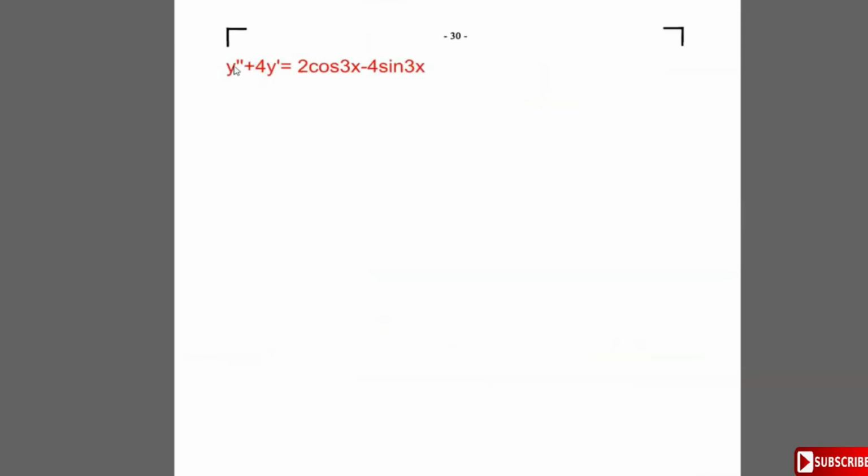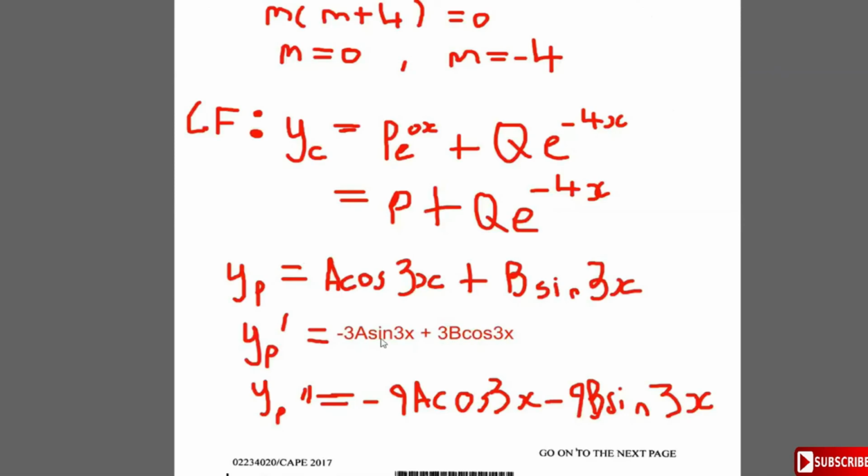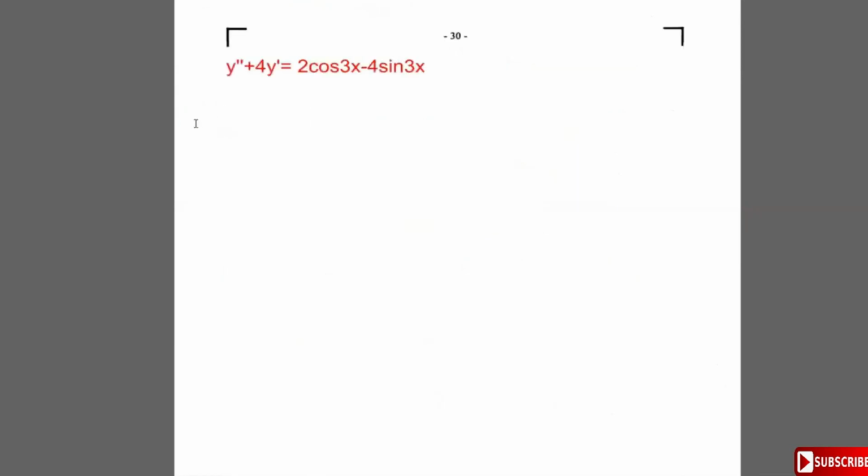Now all we're going to do is substitute yp double prime and yp prime from around here. This is y prime, and this is y double prime. We're going to substitute this into that equation to solve for a and b. So this becomes minus 9a cos 3x minus 9b sine 3x, plus 4 times yp prime, and yp prime was minus 3a sine 3x plus 3b cos 3x.